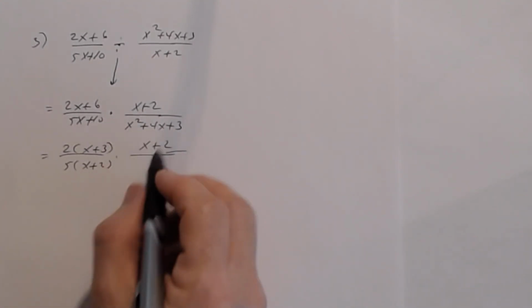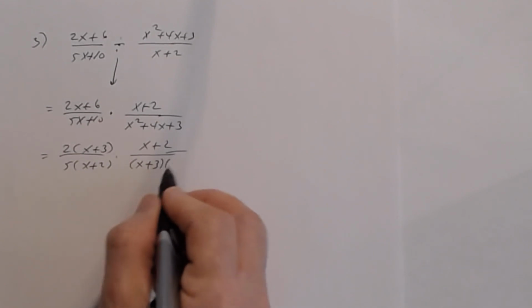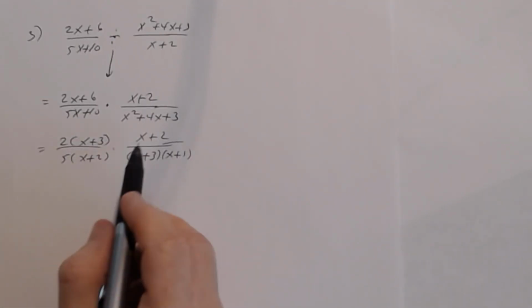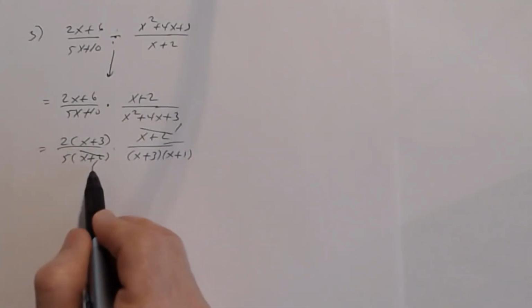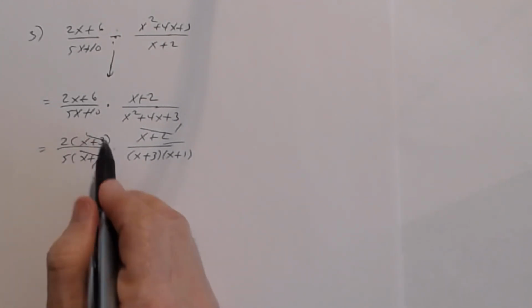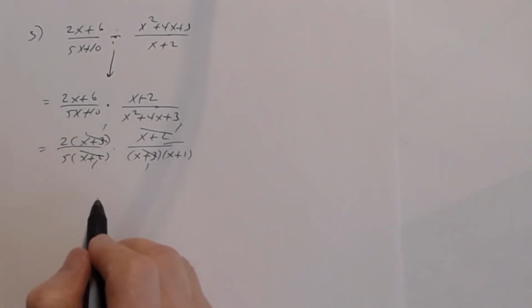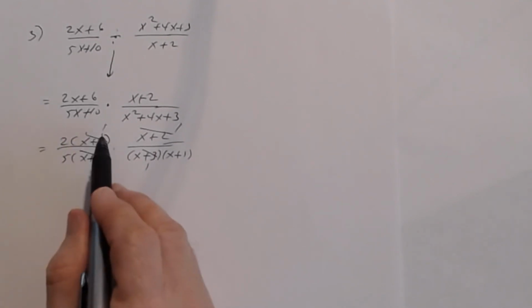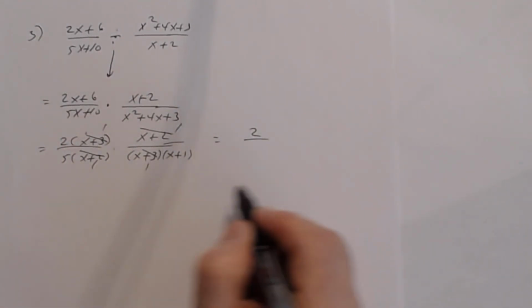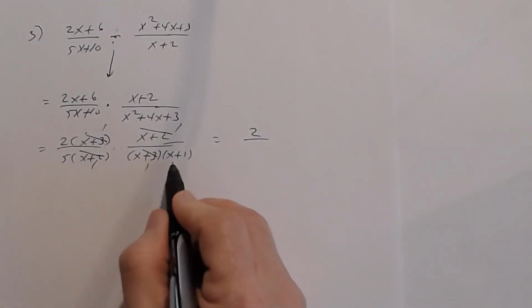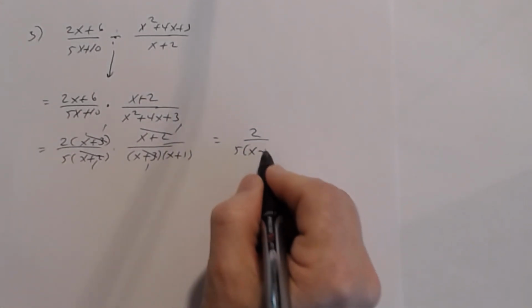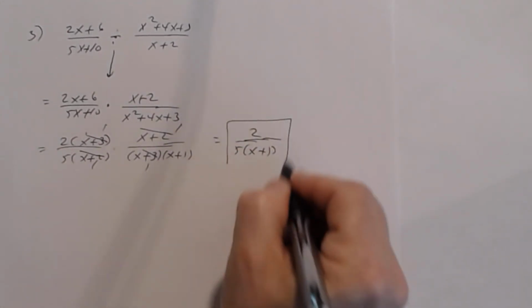And then you can factor this one as x plus 3 times x plus 1. And then notice here, I can reduce some factors here. See, these x plus 2's divide out. And then these x plus 3's divide out. And all you have left then is 2 times 1 times 1, which is 2. And then 5 times 1 times 1 times x plus 1, which is 5 times x plus 1. And so that'll be your answer there.